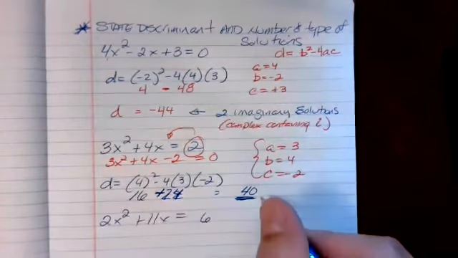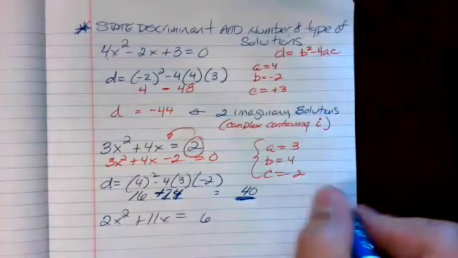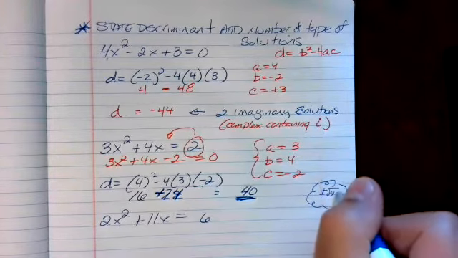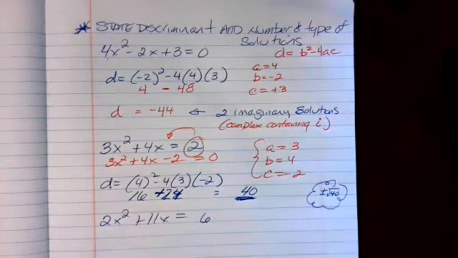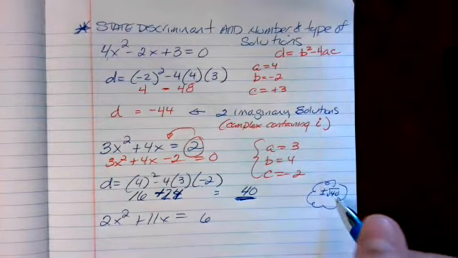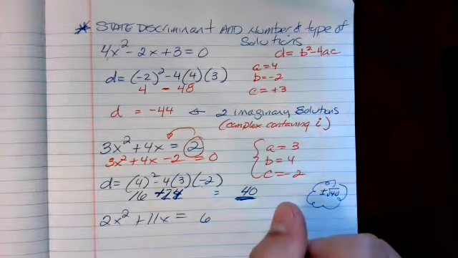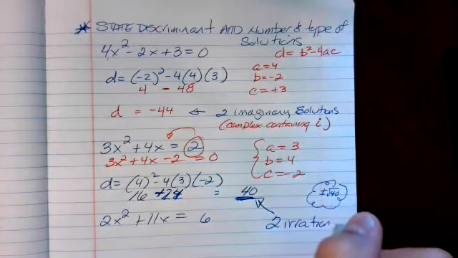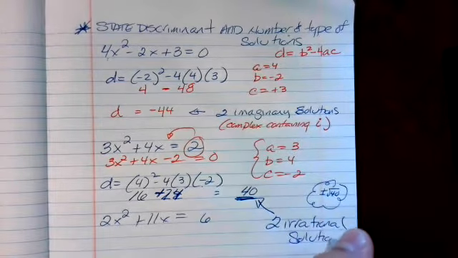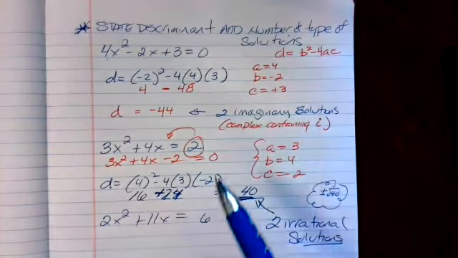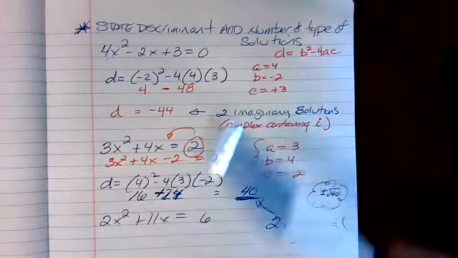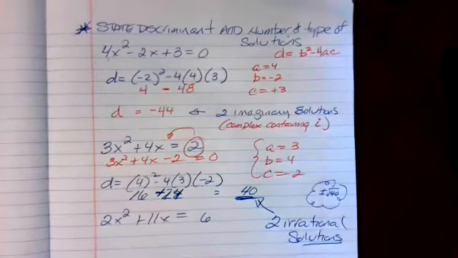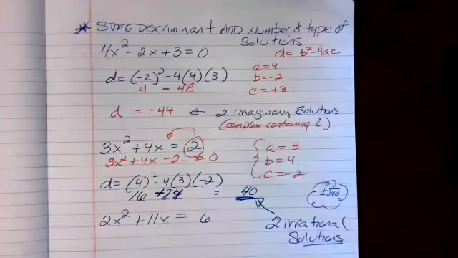And 40 is not a perfect square, and it's not negative. In the context of the quadratic formula, you're going to have a square root of 40 underneath the radical sign. So that's an irrational value. There's no square root of 40. So I know in this case, I'm going to have two irrational solutions. And I also know that this cannot be factored. The one prior could not be factored. I would have to use either the quadratic formula or completing the square to solve those two.